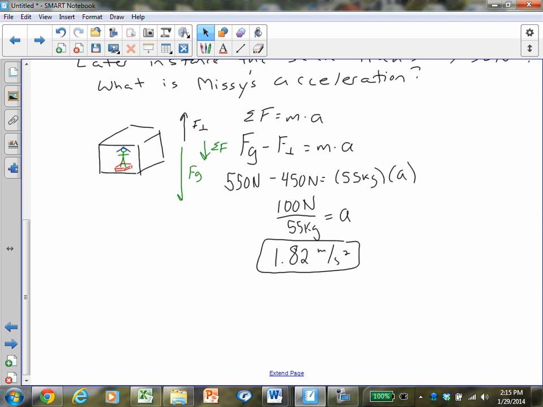That's what the downward acceleration means. Well, let's think. The net force is downward, right? So there's a downward acceleration. If the acceleration's downward, you must be slowing down if you're going up, right? That make sense? And if the acceleration is downward, you must be speeding up if you're going down.